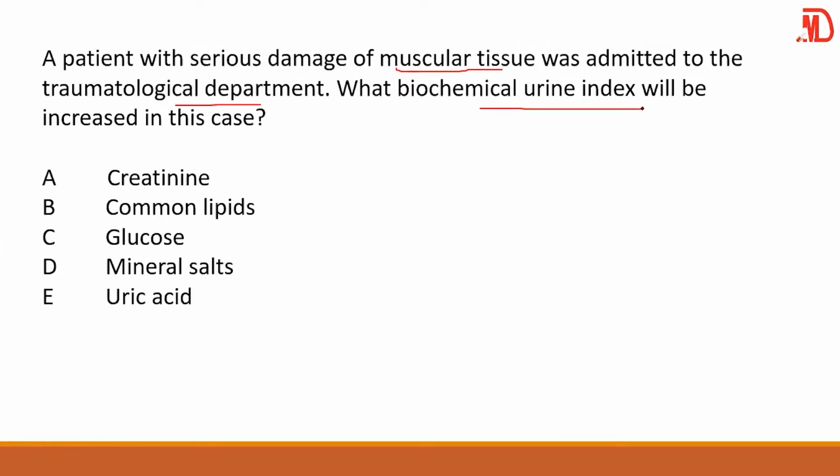In the blood, you mostly look for creatine, but in urine, you are looking for creatinine. There are 2 different things, creatine and creatinine. Creatinine, we are looking at it in the urine.